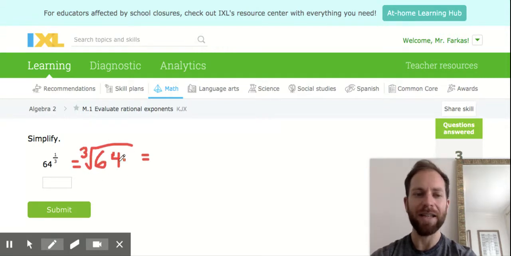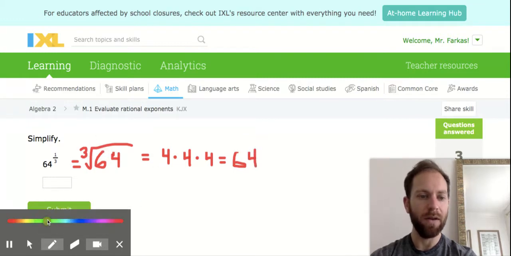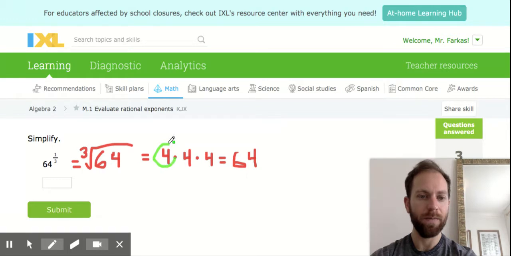Well, let's see, 8 times 8 is 64, so it must be smaller than 8 because we have to multiply it 3 times. Let's try 4, because I know 4 can be made into 8. 4 times 4 would be 16, and 16 times 4 would be 64. There you go. So what number times itself 3 times makes 64? That number is 4.